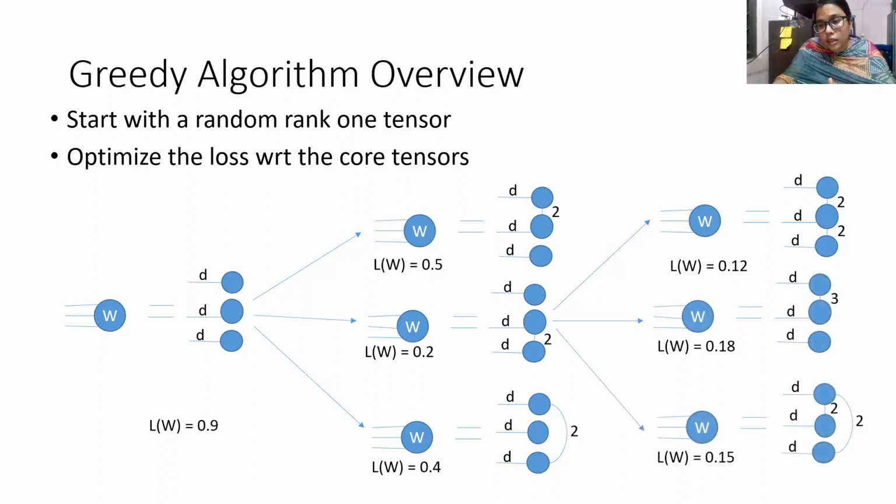As you can see, 0.12 is the lowest loss function, so it will extend its branch and ignore the others. It will extend until we get the threshold loss function that we have given.